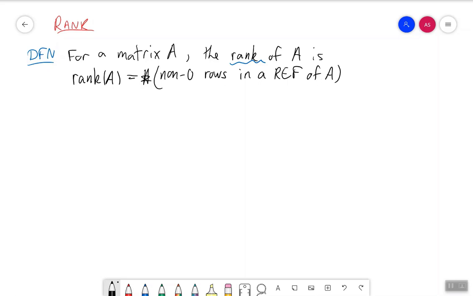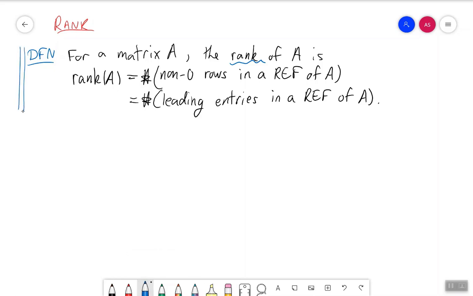Or equivalently, it is equal to the number of leading entries in a row echelon form of A. I'm going to box this because it's super important.